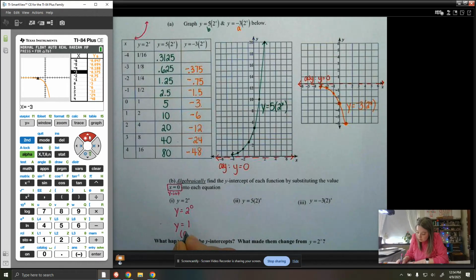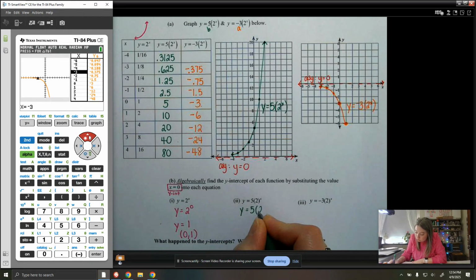So what happens in the basic exponential function? My y-intercept is (0, 1). What happens here? Well, you still got 5, even though it's 2 to the 0 power. So it's 5 times 1, which is 5. And that's what makes my y-intercept in this case (0, 5).